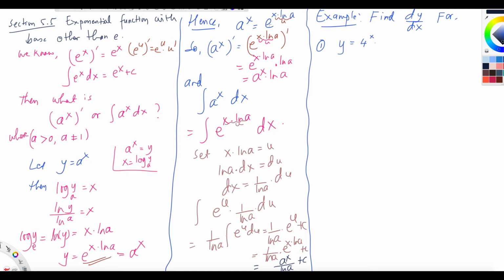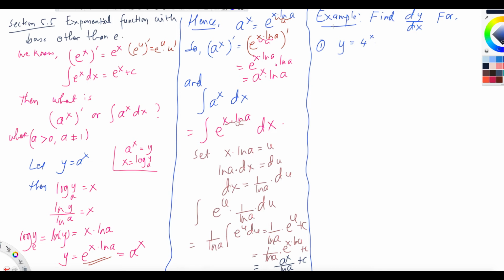It is like e to the x ln a, which is the same as a to the x times ln a, the ln of the base. Now how about the integral? The integral of a to the x is a to the x divided by ln a. Here it was times ln a; here it is divided by ln a, plus c. That's how you get the formula for the integral of a to the x. Okay, guys? All right.